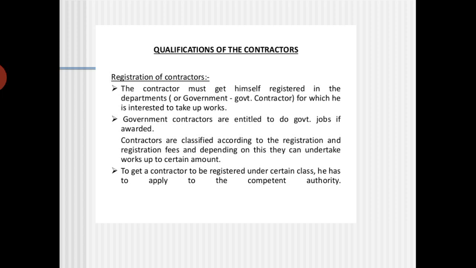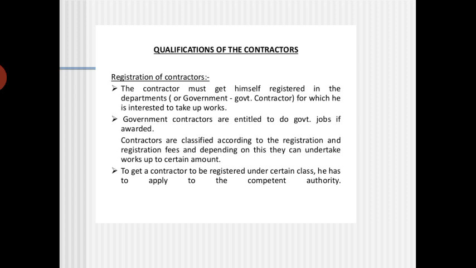First he has to register and take the license from the competent authority. Normally we will take the permission from the corporation first. Then, what kind of work you are going to execute, what kind of background you have. Nowadays we have different categories available.